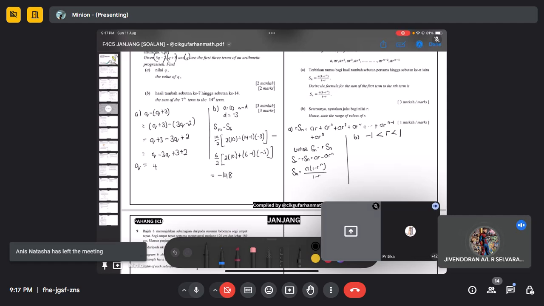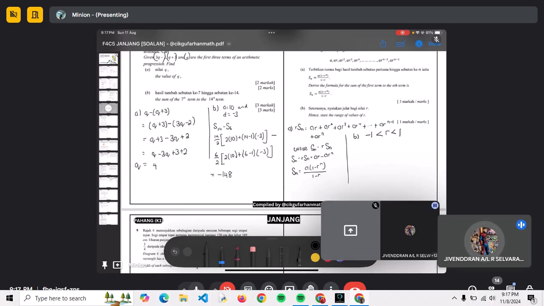Then you use Sn minus rSn. Remember I told you, you must do two equations: you do Sn, then times r to get rSn, and then minus both of them, then you can get the formula. Okay, that's the formula.